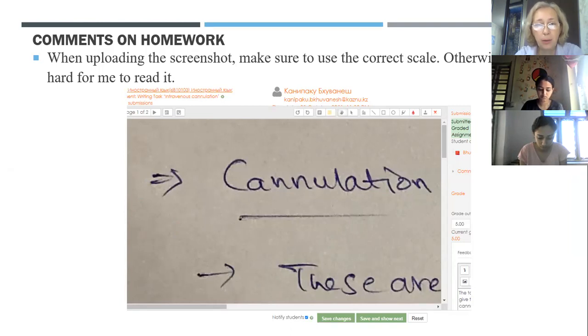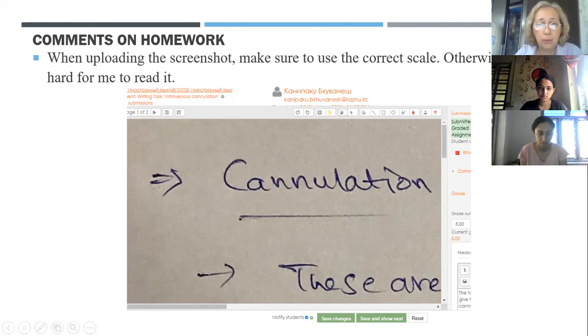And so we were speaking about this, but just to remind you, when uploading the screenshot, make sure to use the correct scale. Otherwise, it's hard for me to read it. Because I see only one part of the screenshot, and to read it, I need to scroll up and down, or I need to download this file to my computer.